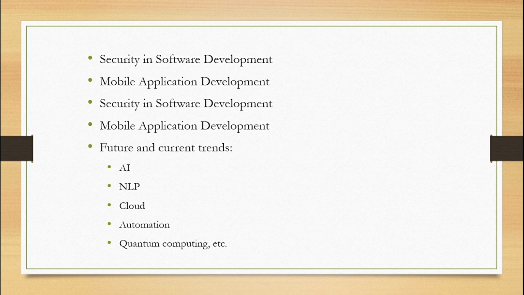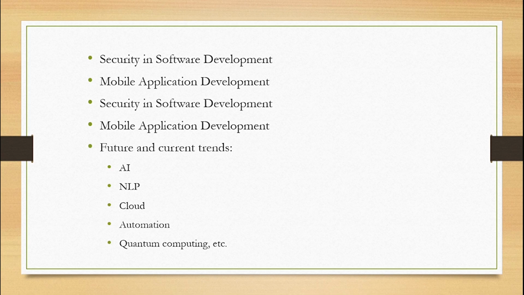We train it on some data, and we say that if scenario A, then take this action; if scenario B, then take this action; if scenario C, then take this action, and so on and so forth. In this way we make a program intelligent enough that it can understand the situation and, based on that, mimic actions in the same way a human would. So that's a summary of artificial intelligence.